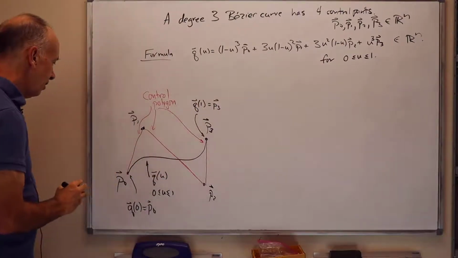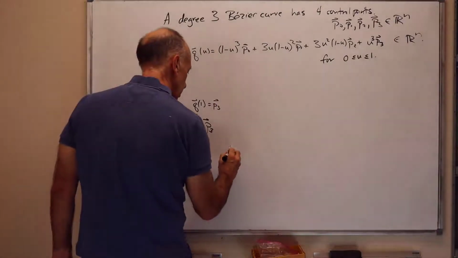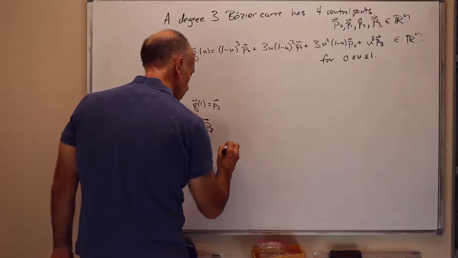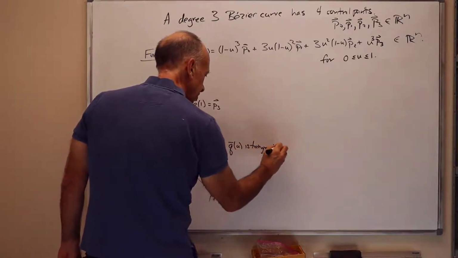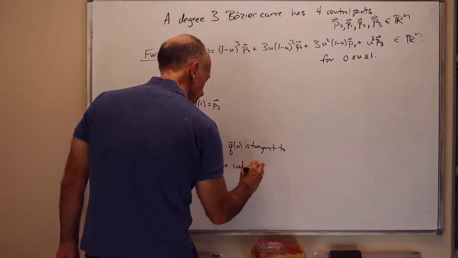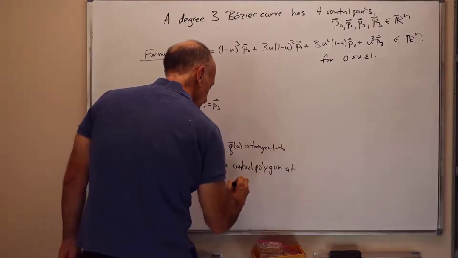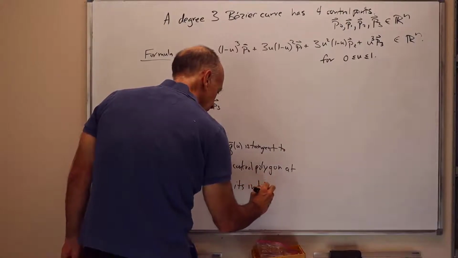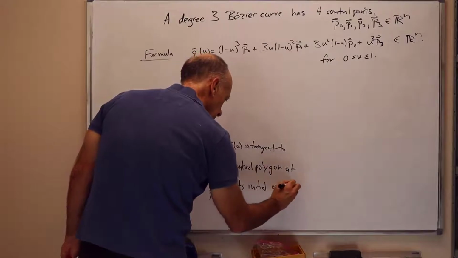And we have the initial and final tangencies. So Q of u, as a curve, is tangent to the control polygon at its initial and final points.